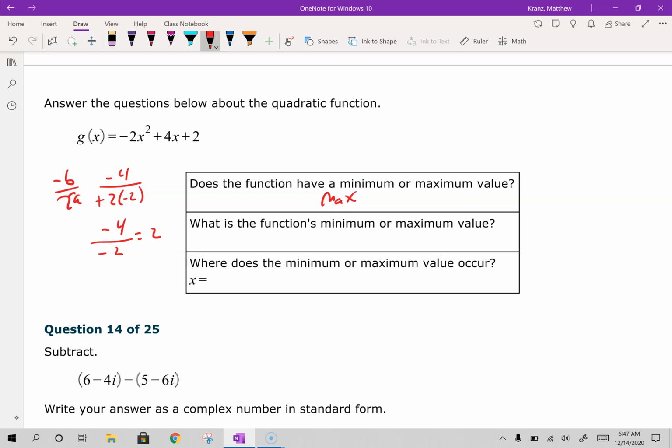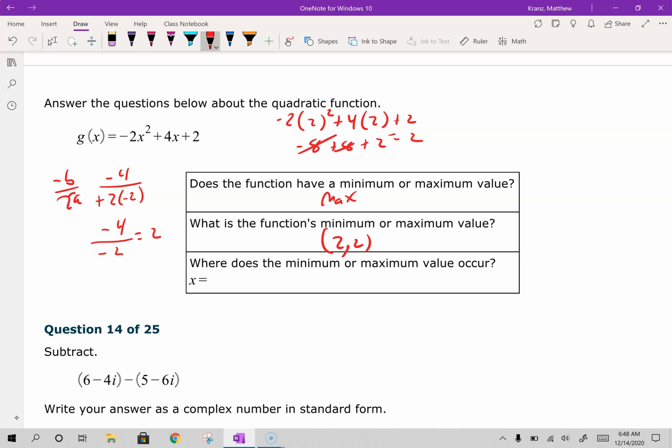So that's my x. My x is 2, so now I put it in. Negative 2 times 2 squared plus 4 times 2 plus 2. 2 squared is 4. Negative 2 times 4 is negative 8. Plus 8 plus 2. Well, these cancel out. Just give me 2. So 2, 2 would be my vertex.